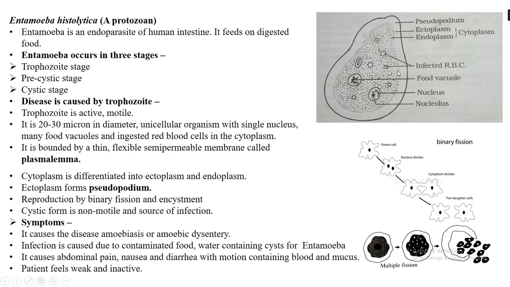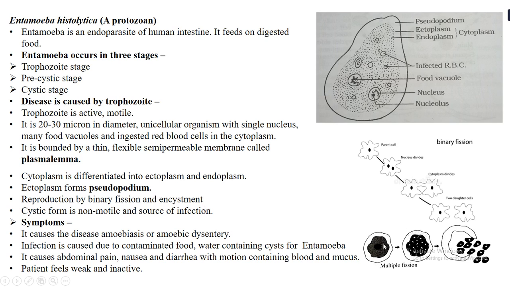If we speak about the reproductive mode of this particular organism, it can either be by binary fission, that we usually see in amoeba, where the parent cell will divide and form two daughter cells, and the two daughter cells will then act as parent cells and further divide and redivide. Or the other mode of reproduction is encystment. What is encystment?